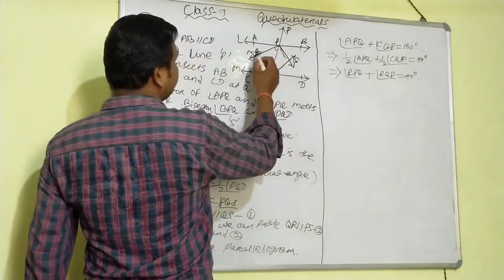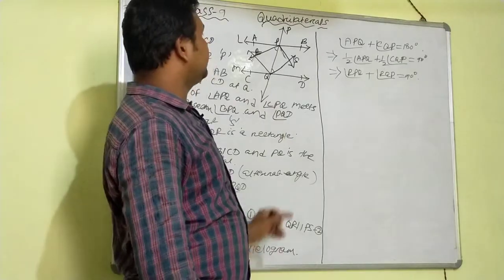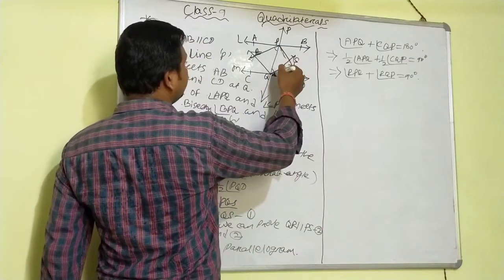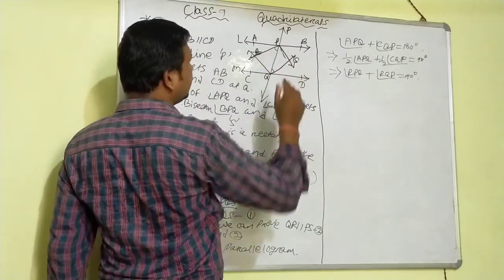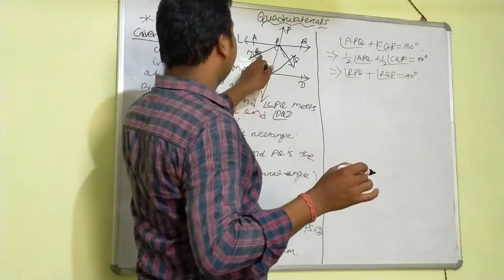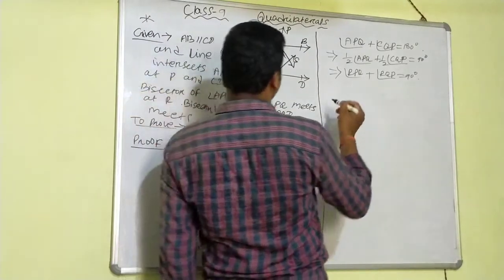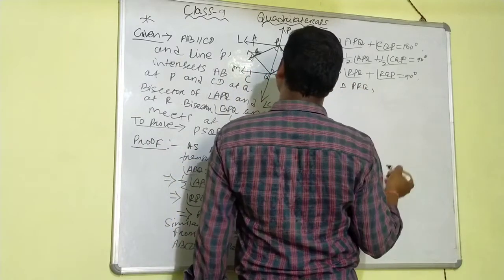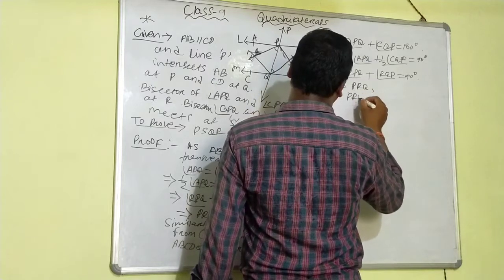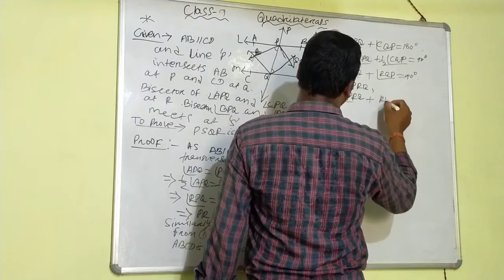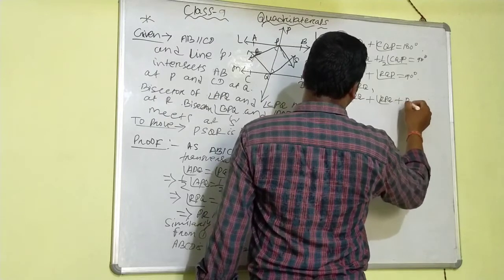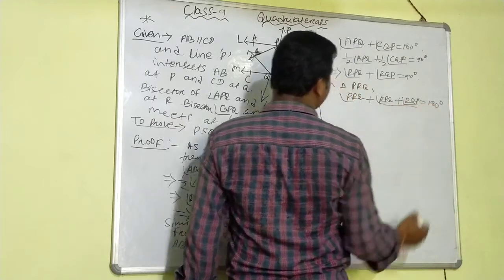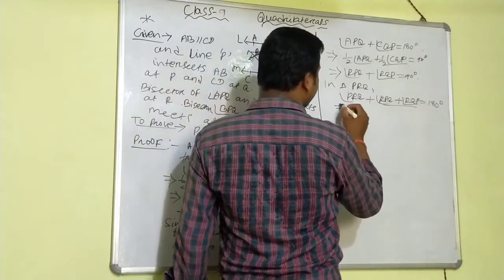Now come to triangle PRQ. We know the sum of angles of a triangle is 180 degrees, and we got angle RPQ plus angle RQP is 90 degrees. So in triangle PRQ, angle PRQ plus RPQ plus RQP equals 180 degrees. The sum of these two is 90 degrees, already proved.